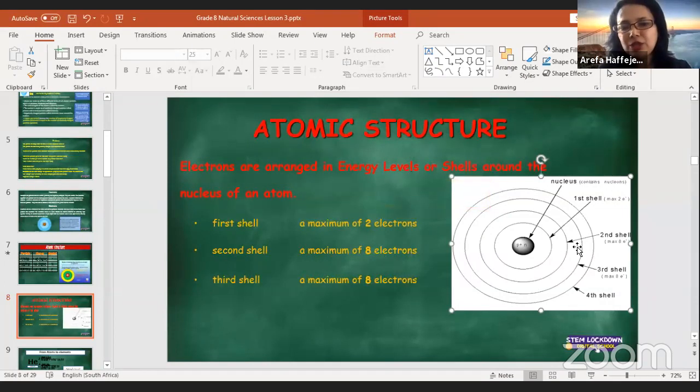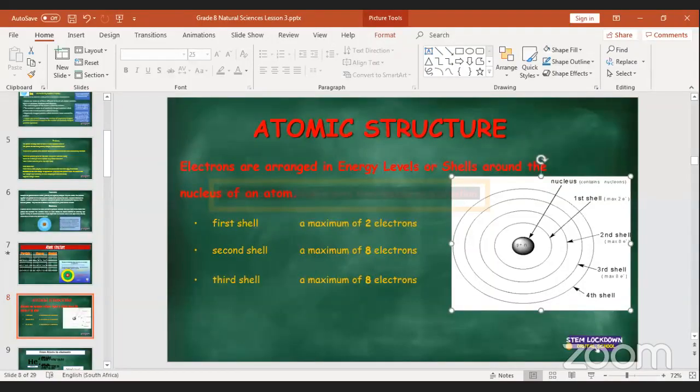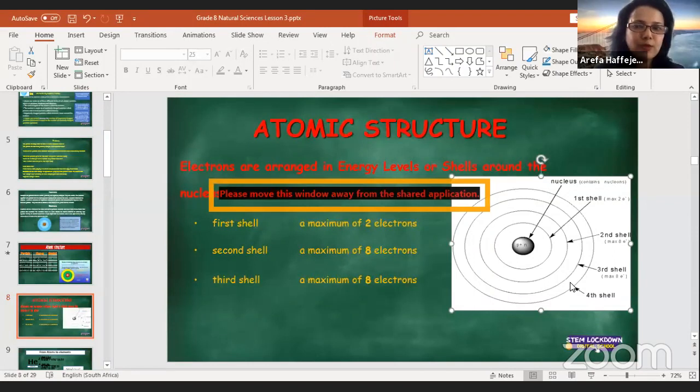And the third shell contains 8 electrons. Now, you can see there is a fourth shell here. The fourth shell is not really for you right now, but it can hold more electrons.